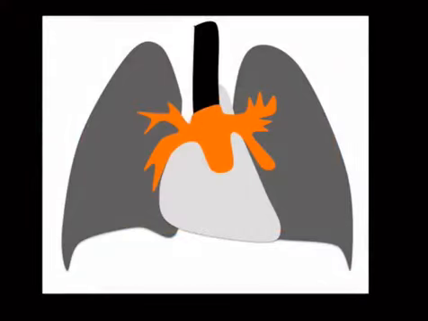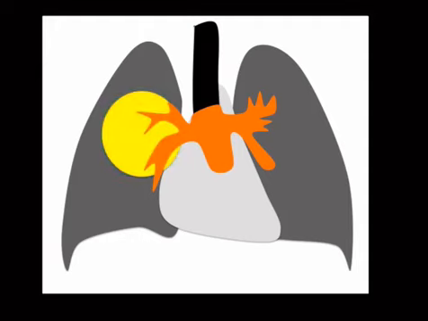So for example, if you have a mass that's at the same level and the same soft tissue density at the hilum, it will obscure the border of the vessels. But if you have a mass that's either in front of or behind it, you will be able to see a strict delineation.